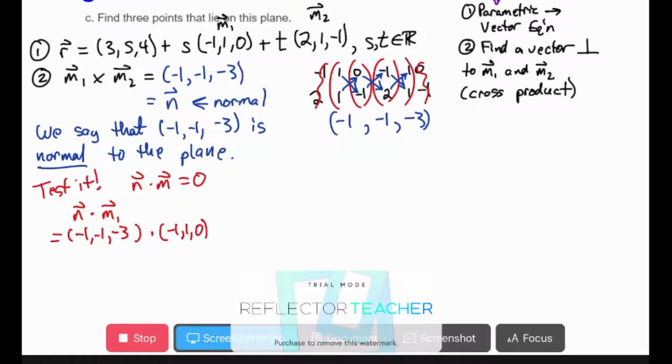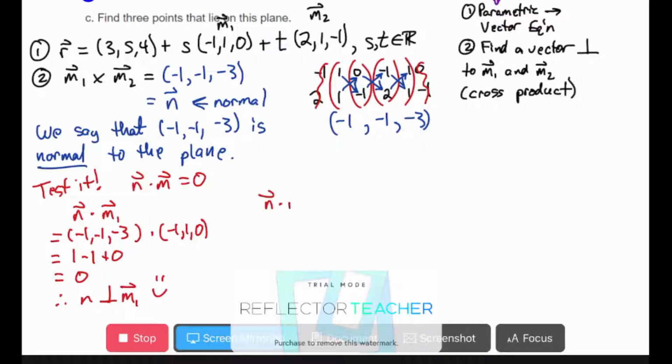And remember, to find dot product, we're finding the product of the x and the y and the z components and adding them together. So negative 1 times negative 1 is 1, and negative 1 times 1 is negative 1, so plus minus 1. And negative 3 times 0 is 0. So my dot product is 0. Therefore, n is perpendicular to m1. So far, so good.